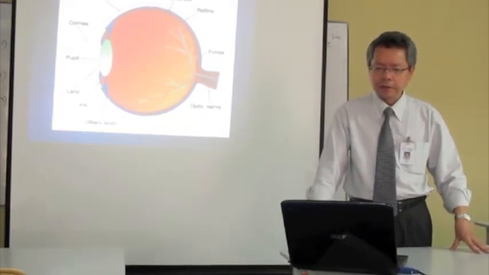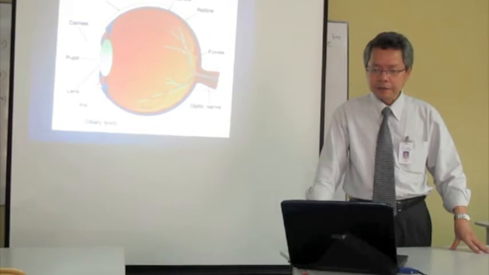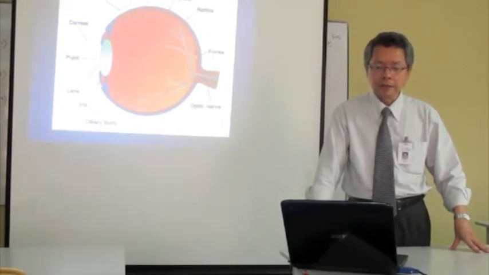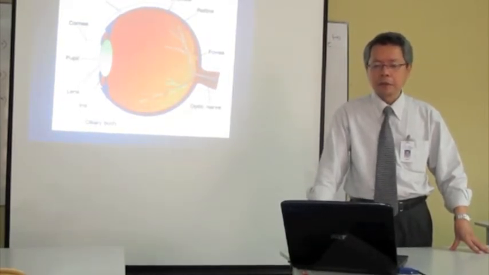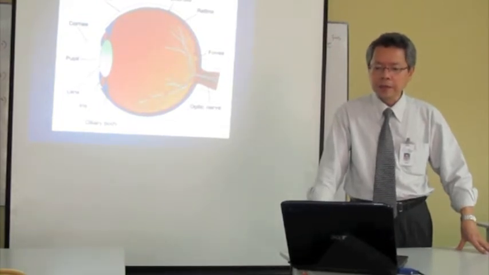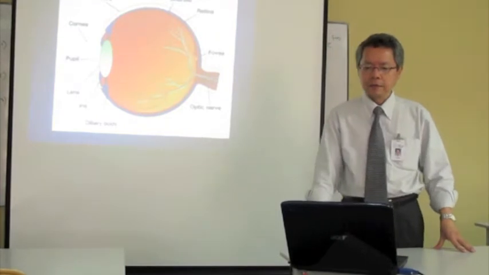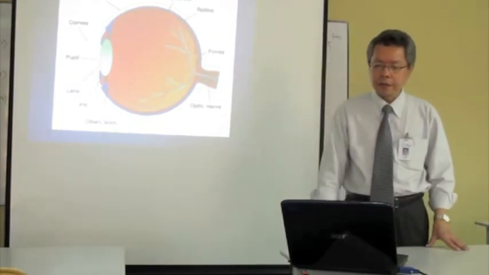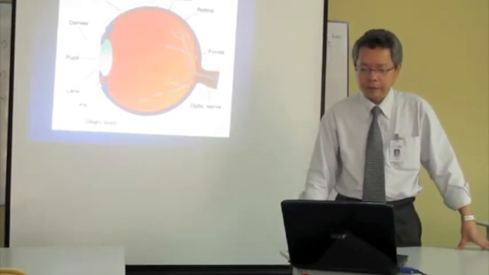Choroid, iris and the ciliary body make up what we call the uvea, and the retina is the nervous part of the eye, or the neural part of the eye.